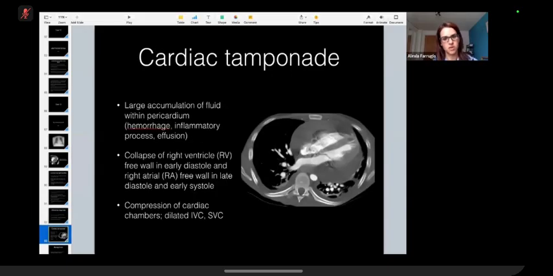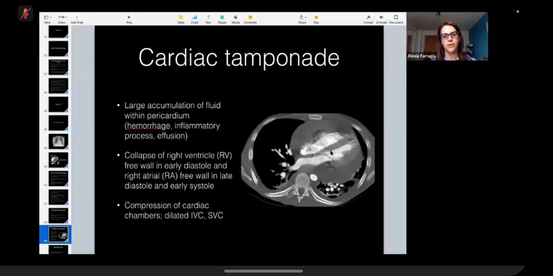So just one slide about cardiac tamponade. This happens when there's a large accumulation of fluid within the pericardial sac. Fluid can be anything: hemorrhage, an inflammatory process, or just a simple effusion. Basically, in these patients, they get collapse of the right ventricular free wall in early diastole, and the right atrial free wall in late diastole and early systole.